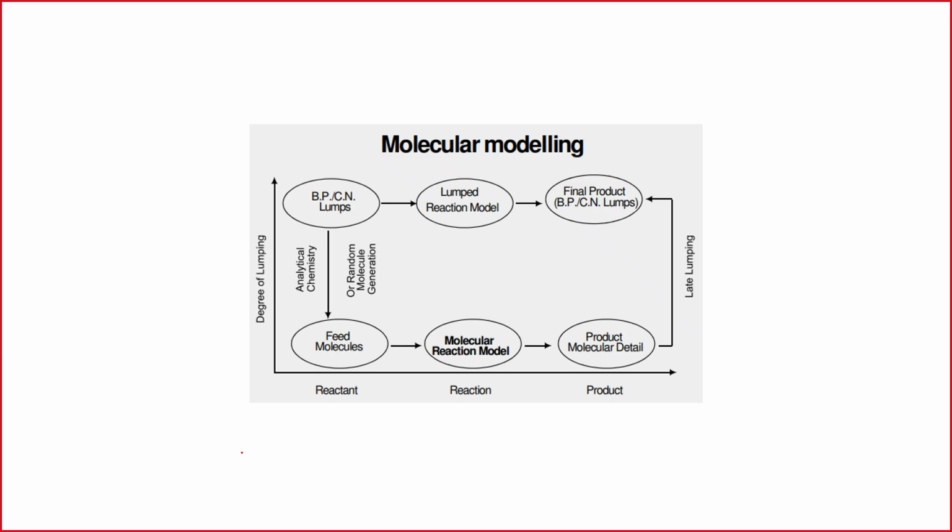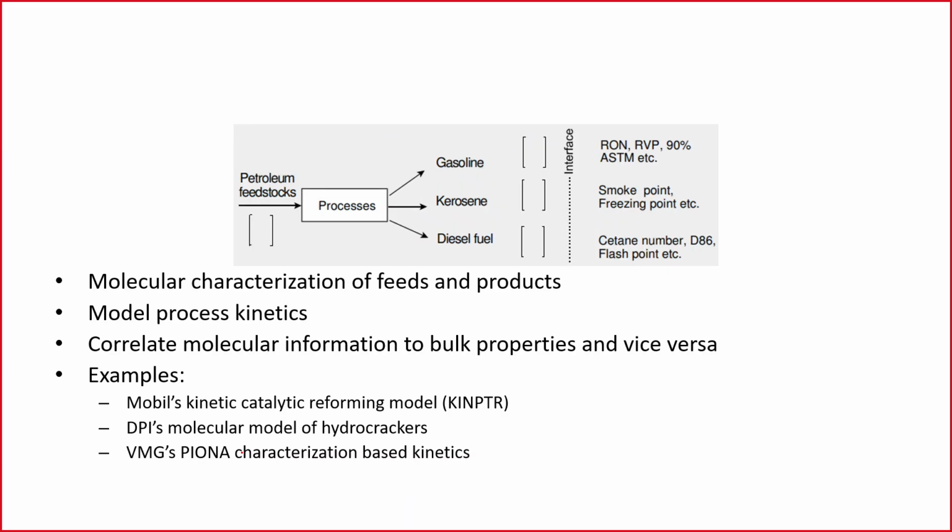This one I think we have seen. Molecular model. So there are so many models to predict gasoline, kerosene, and diesel fuel, but they could also connect this data into properties. So this gasoline has this and that kind of PIONA structure, and how many carbon numbers.